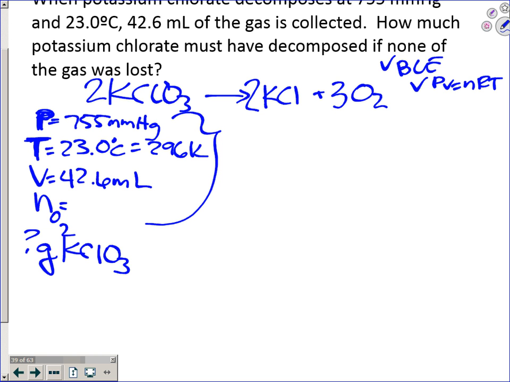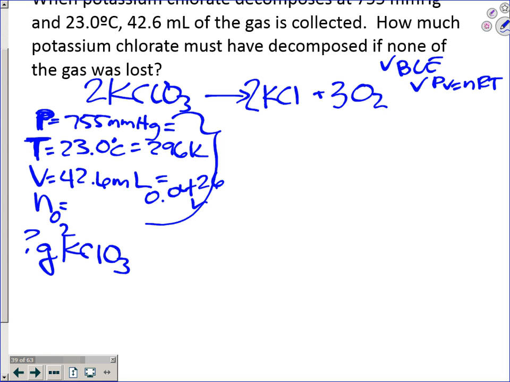I noticed that I have all my units except for P and V, right? So what does P have to be in? I think Alexia was getting that for me. What is that in atmospheres? And then everybody tell me what this is in liters. 0.0426.